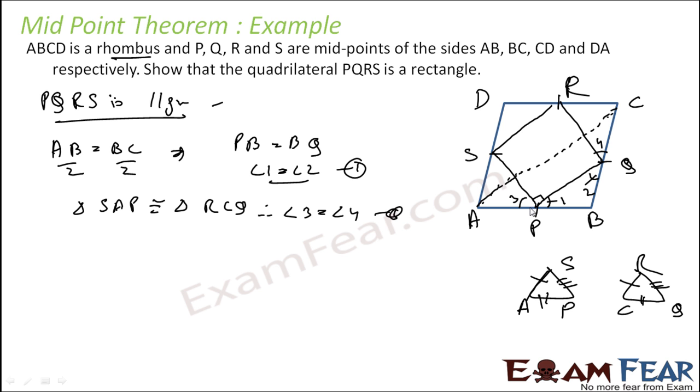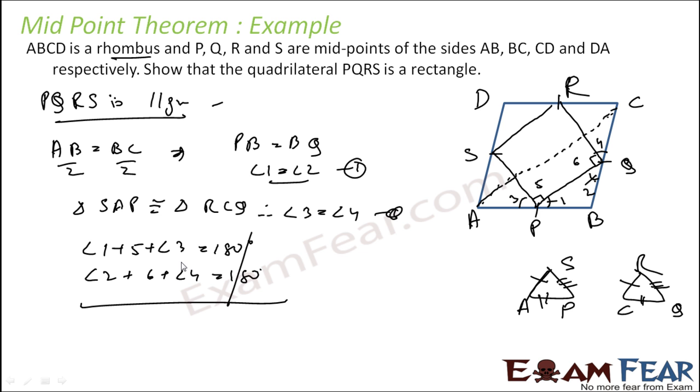Second equation. Now let me call these angles 5 and 6. Angle 1 plus angle 5 plus angle 3 is 180 degrees. Similarly, angle 2 plus angle 6 plus angle 4 is 180 degrees. So we subtract these two.